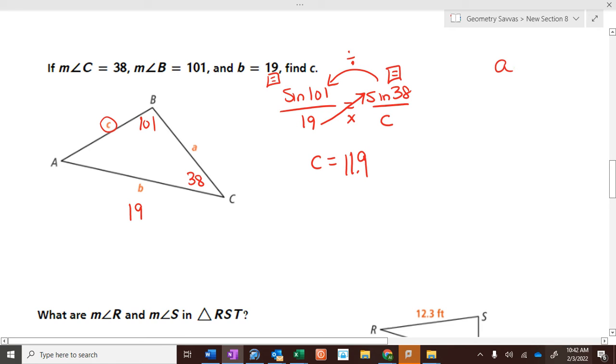Can I find A? Oliver, sit down. I know she did, because you were playing with a paper airplane, and she was cleaning up your disastrous mess that you just made. Yep. So, Oliver, could I figure out what A is using the law of sines?